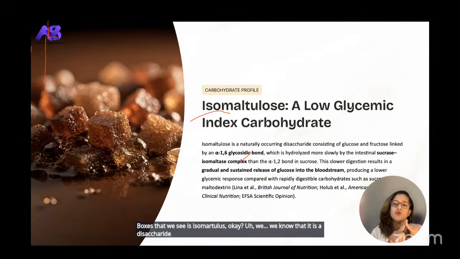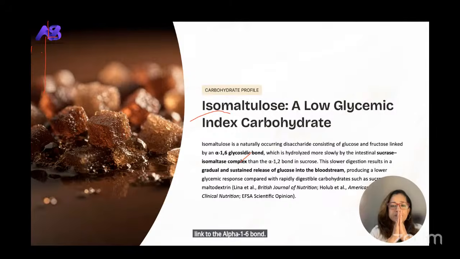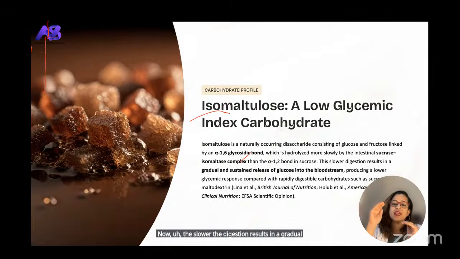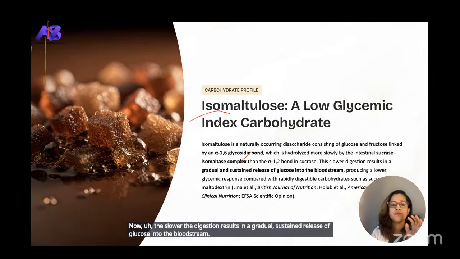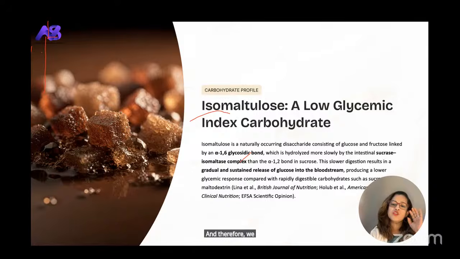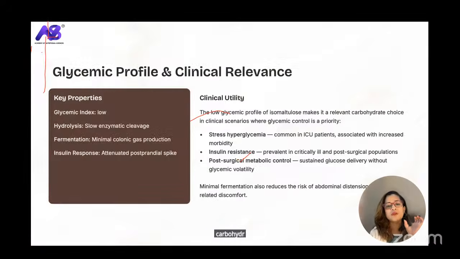It contains glucose and fructose linked by an alpha 1,6 bond. The slower digestion results in a gradual, sustained release of glucose into the bloodstream, and therefore you can use this kind of carbohydrate to give a slow release of glucose.